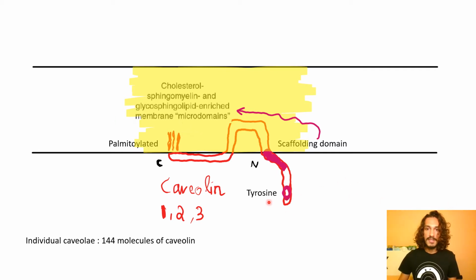Apart from all this, there's one particular segment near the N terminal where tyrosine residues are there which can be phosphorylated, and this is very important later for its activation. That is your caveolin. Now in this whole lipid raft region, there is the presence of phosphoinositol, and that phosphoinositol gets glycosylated, and anchored to it is a protein.